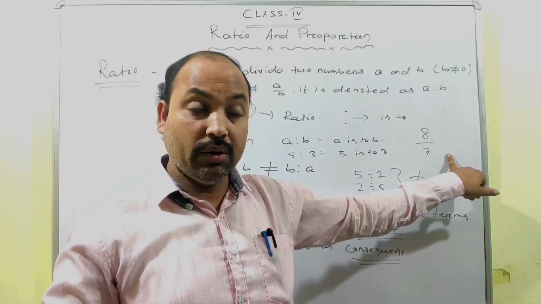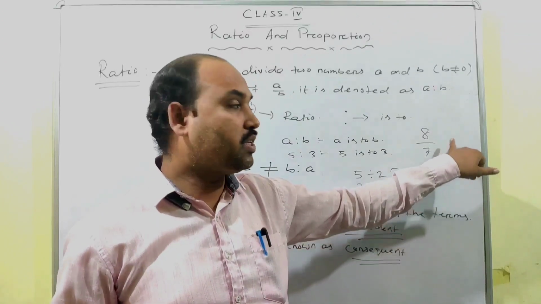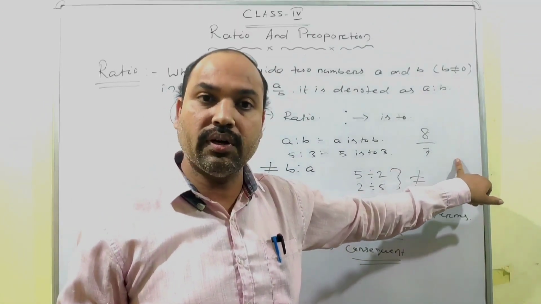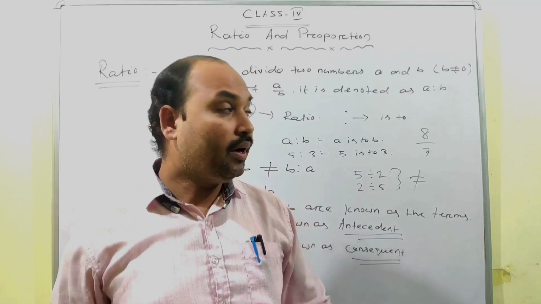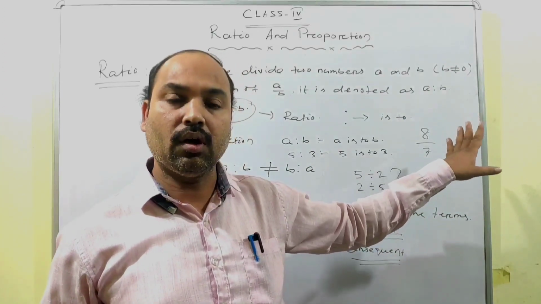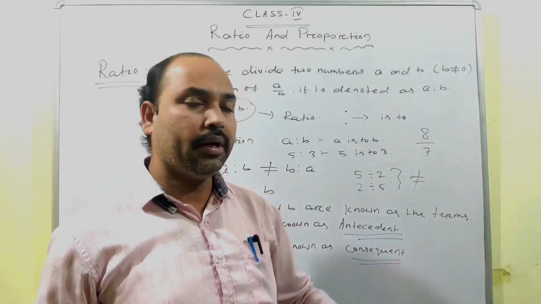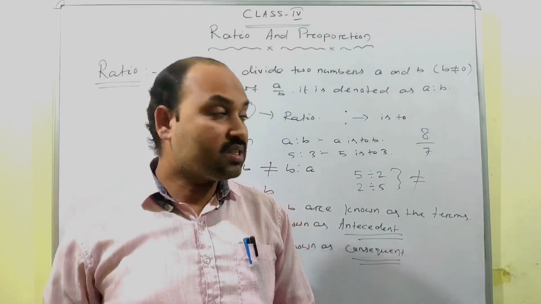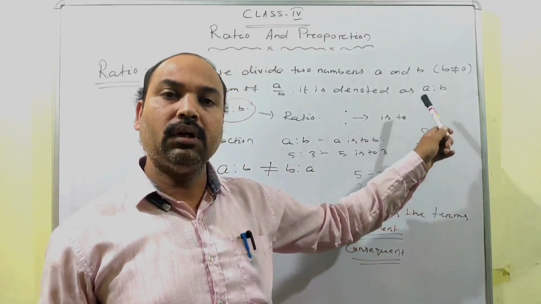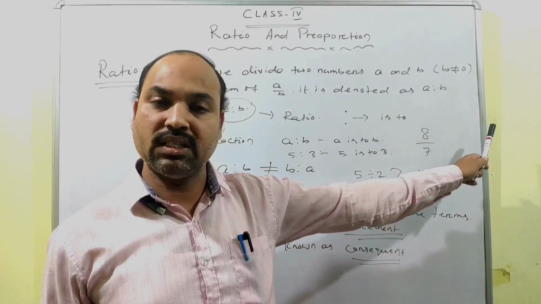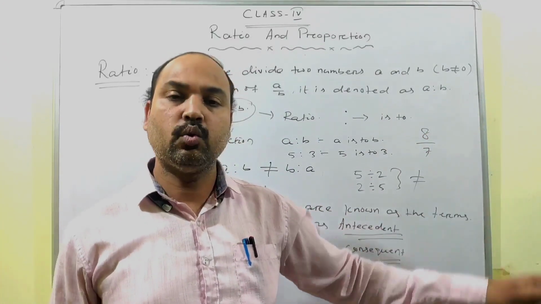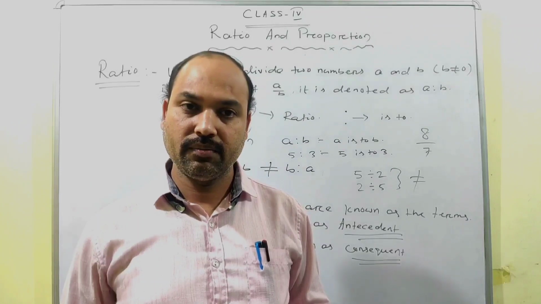If you do not know which term is antecedent and which is consequent, then what will you write? So it is very important to learn these terms. When in fractional form, the numerator is known as antecedent and the denominator is known as your consequent.